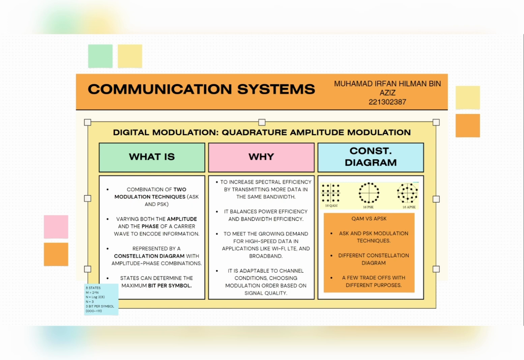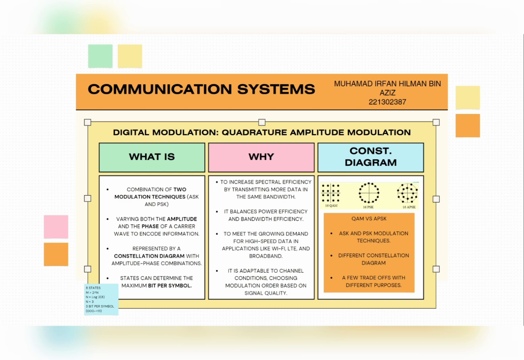Then if we look at the last panel, which is the constellation diagram, I have put three pictures that differ from one another. The basic one is 16 PSK, just like we all know, in phase shift keying. But there are two other ways to improve this modulation technique, by doing 16 amplitude phase shift keying, or 16 quadrature amplitude modulation.